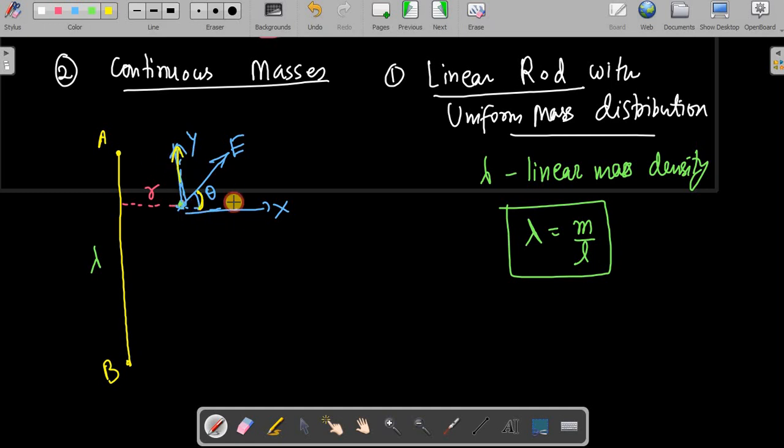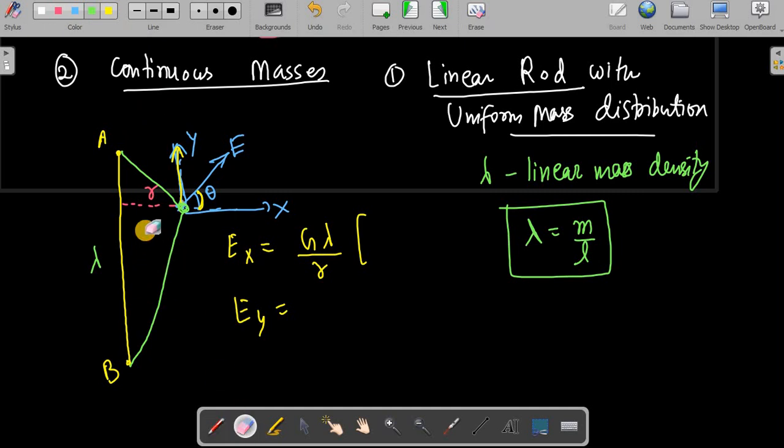Okay, so what is the net field? We can calculate field along x-axis and field along y-axis. So G lambda by this distance r. We need to join these 2 points, and you can assume that this distance is r, but let us say this angle is alpha and this angle is beta.